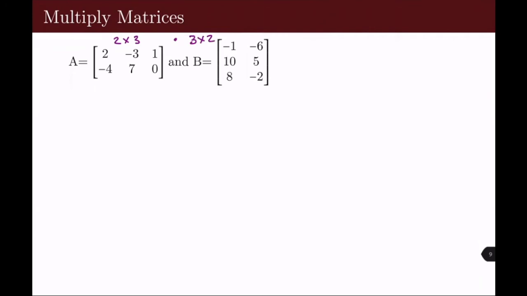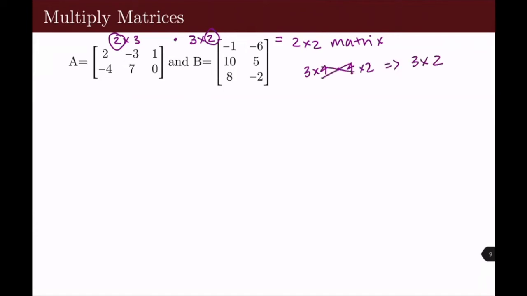Whenever you're doing matrix multiplication, what's really interesting is your resulting matrix is going to be the outer two numbers. So here and here. So that means our resulting matrix will be a 2 by 2 matrix. And it will always be like that. So like if you're multiplying a 3 by 4 matrix with a 4 by 2 matrix, your result would be a 3 by 2 matrix.